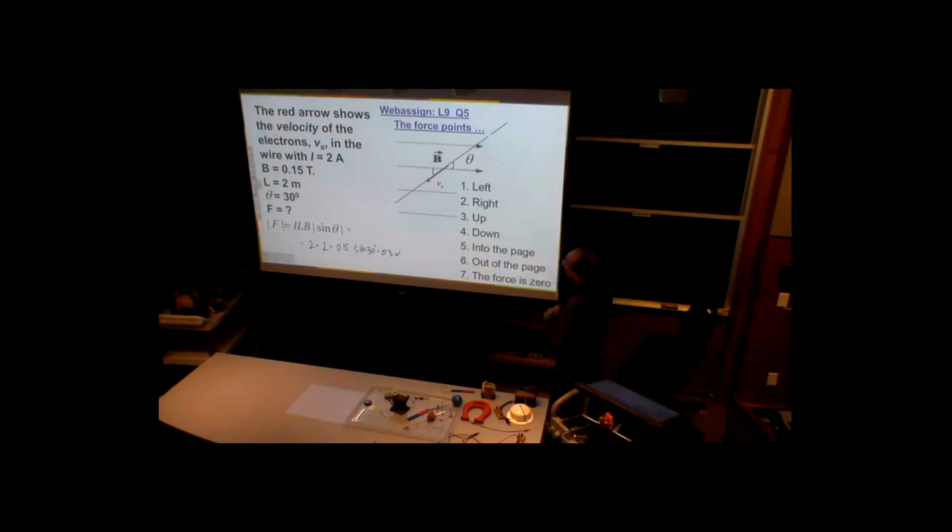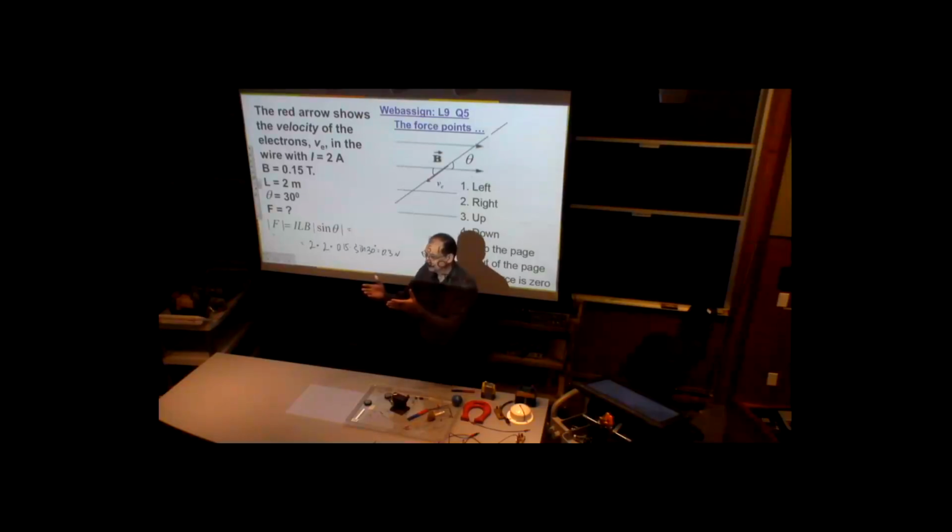No. It doesn't go in, it doesn't go out, it doesn't go left, it doesn't go right, it doesn't go up, it doesn't go down. How does it point? I see you want to say something. Like this? No. What is that?